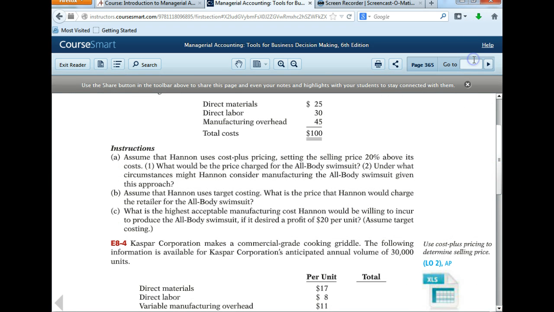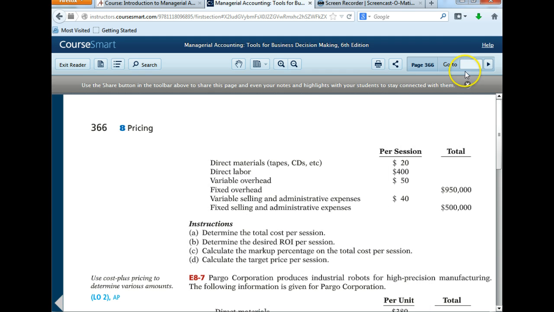Determine the total cost per session. So how are we going to calculate this, guys? Any ideas? Add up the per session costs.